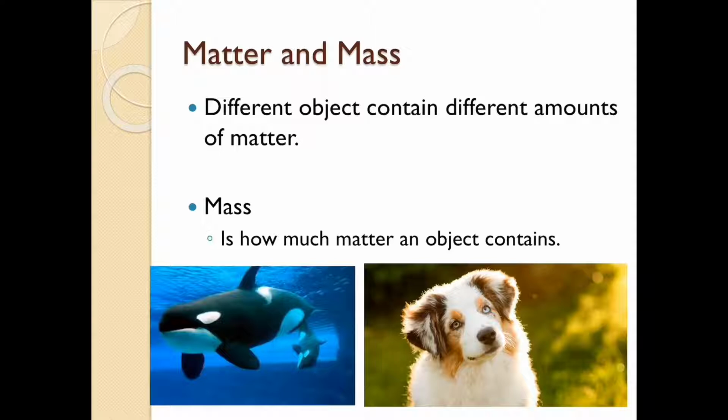Well, your brain is probably thinking, well, obviously the killer whale. And you'd be right, because there's so much more matter packed inside that huge whale than there is inside that tiny dog. So think about it in the format of the larger the object, the more mass it has.